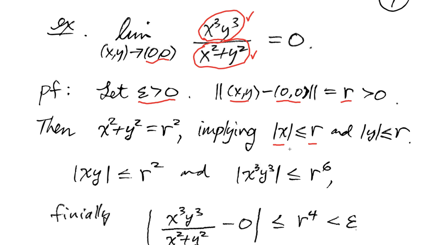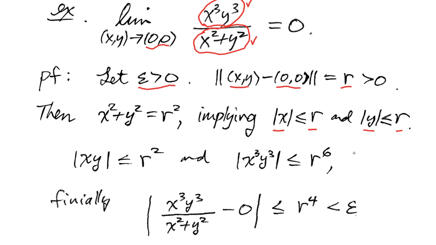The square root of x squared is absolute x, not x, right? From symmetry considerations, exactly the same argument can be made for y. So if I call this distance from the origin to the point (x,y) r, then the absolute value of x has to be less than or equal to r, and the absolute value of y has to be less than or equal to r.